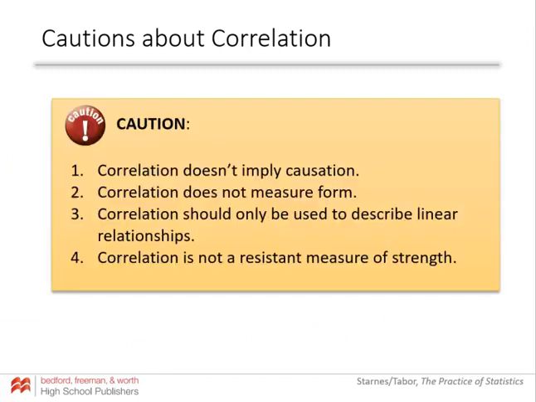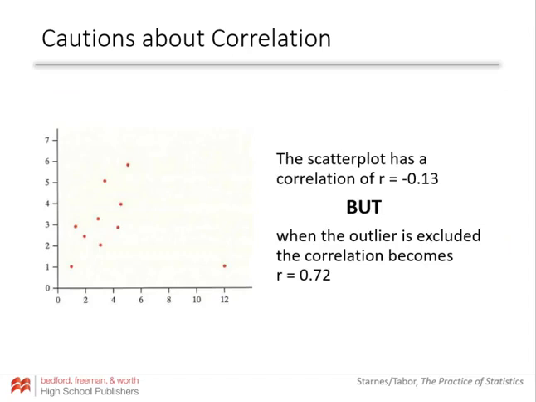Okay, and then correlation is not a resistant measure of strength. So if you remember from the beginning of year, we talked about mean and median, where the median was resistant to outliers and the mean was not. Okay, correlation is not. So here's a graph. Over here, we got this really strong relationship and then this random outlier.